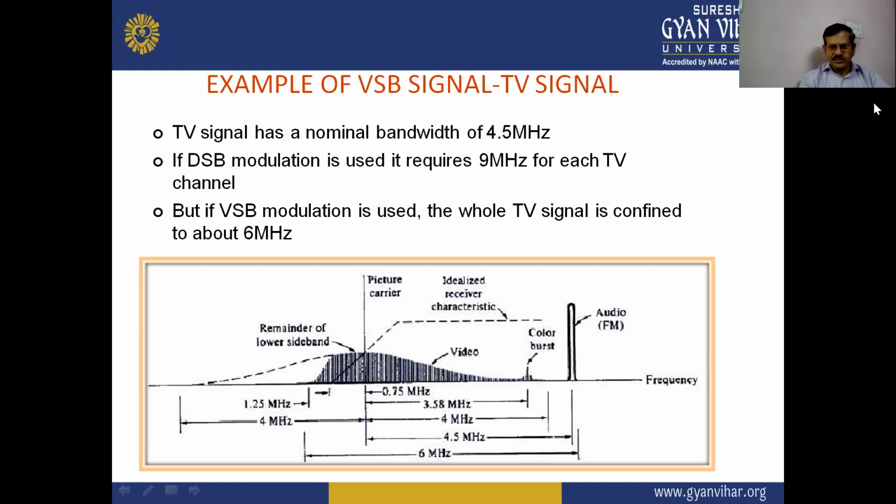There are different frequency slots of the picture carrier, receiver characteristics and remainder of the lower sideband, the frequency of video, the color burst frequency, and the audio frequency for FM. So there is some classification or distribution of different frequencies in the TV signal of the VSB signal.